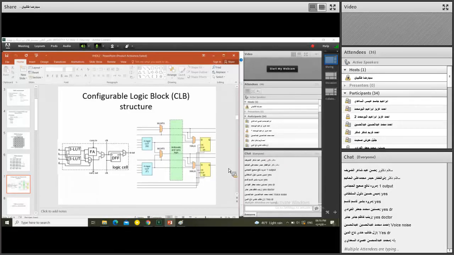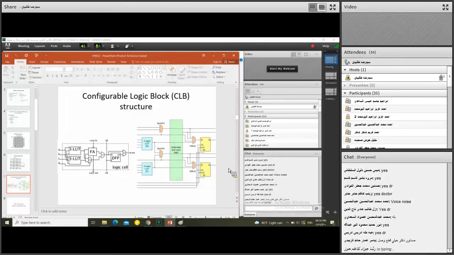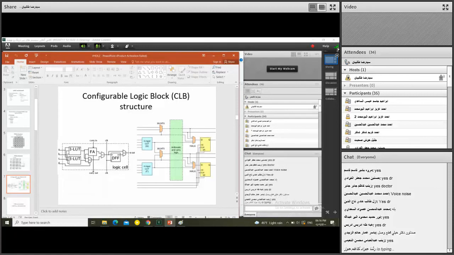Maybe we have some noise in the voice. Unfortunately, I think it depends on your internet line and your internet connection. As you can see, my connection is good. Connection status is excellent. Then maybe your internet connection is not so good, then you may have some noise.